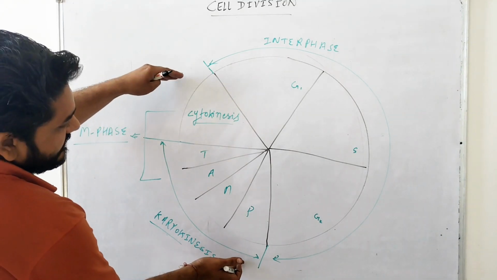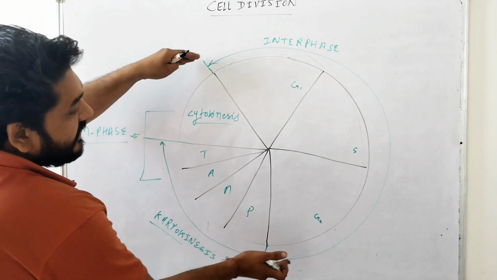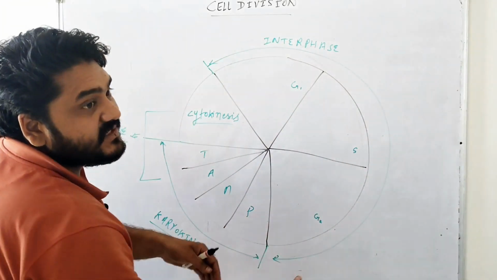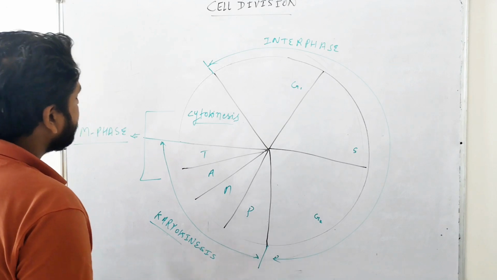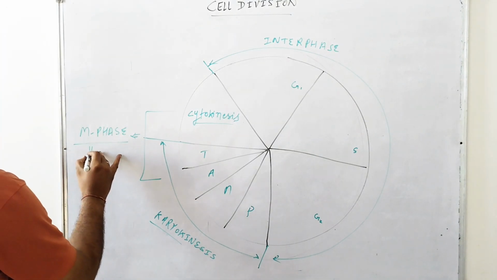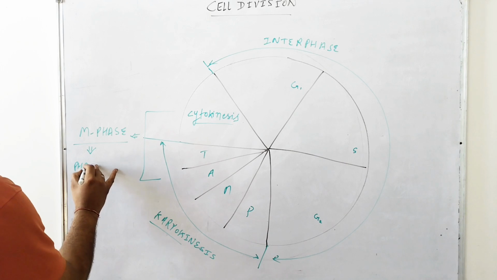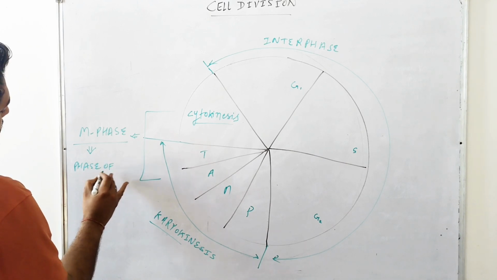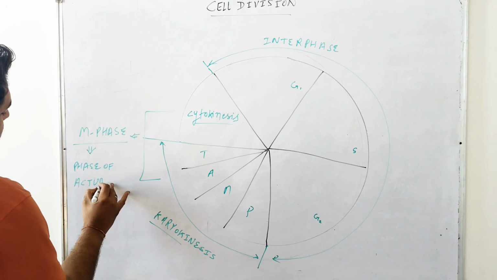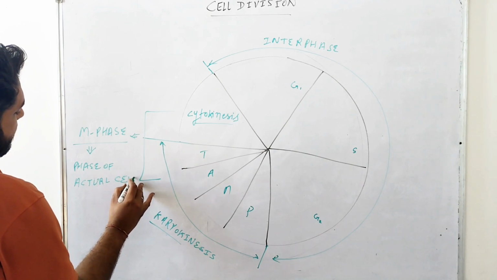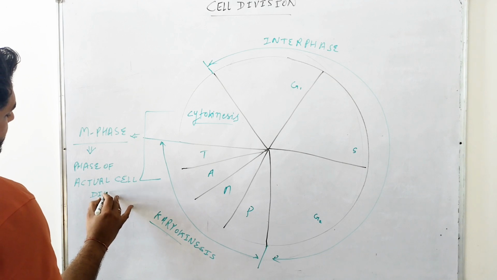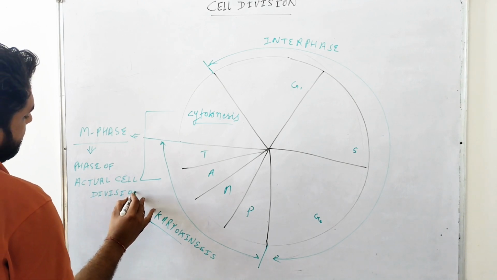The actual cell division is taking place in this stage. Here in interphase the cell is just doing the preparation for the division, right? So M phase is the phase of actual cell division.